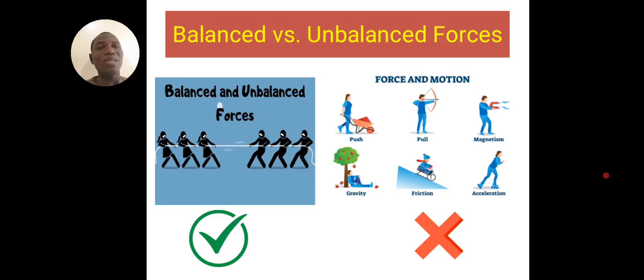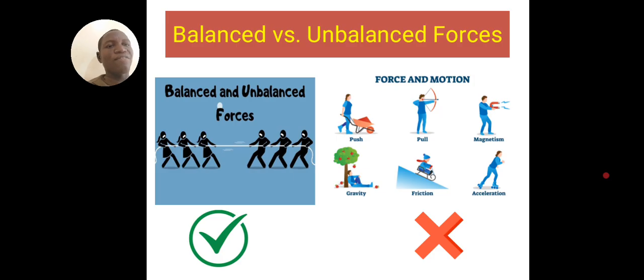Okay, so I've already explained balanced and unbalanced forces, but let's look at these two images very quickly to solidify something. I've already explained the tug of war example. So look at the other image. A woman pushing a wheelbarrow, a man trying to shoot, or he pulled an arrow, and a man holding a magnet.